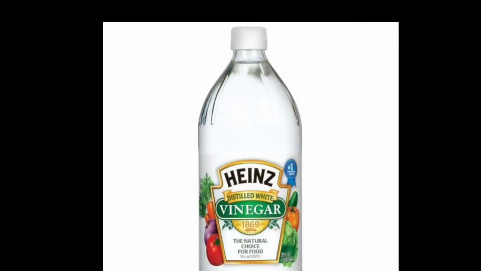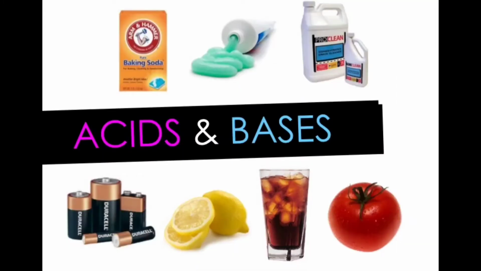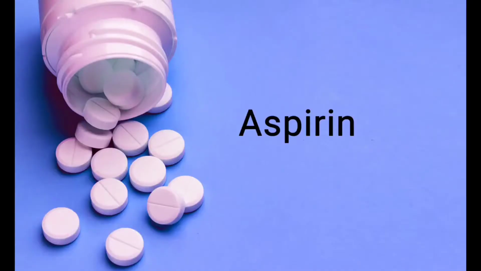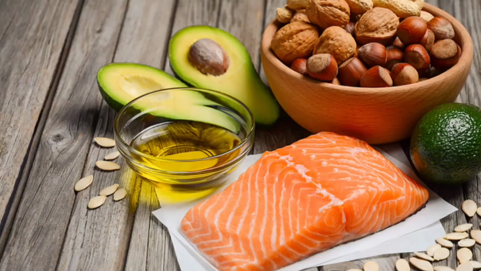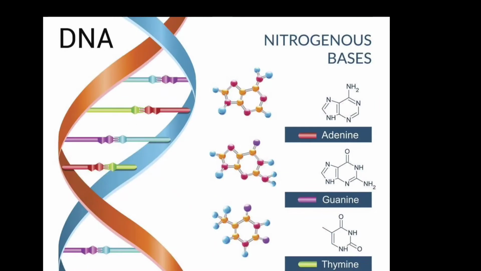Acids and bases are biologically, industrially, and environmentally important compounds. For example, among the medicines we use, aspirin is acidic and antacids are basic. Dietary fats are acids and the chemical compounds in DNA are bases.